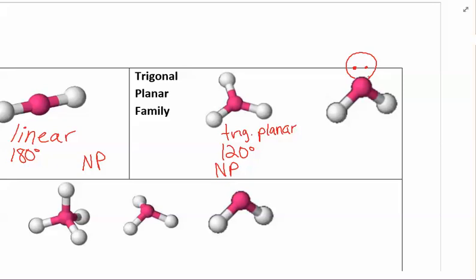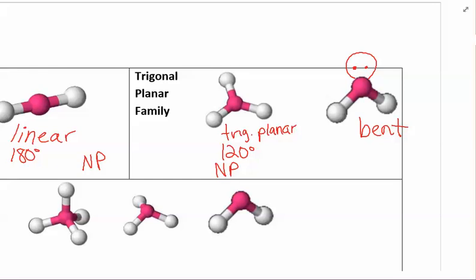We have a lone pair of electrons on the top, which results in the shape that we refer to as bent. Bent is a little bit different than linear because it's not in a straight line, and it has to do with these electrons. If you look at the electron densities, these both look almost identical. In one case you have electrons, and in the other case you have actual atoms.